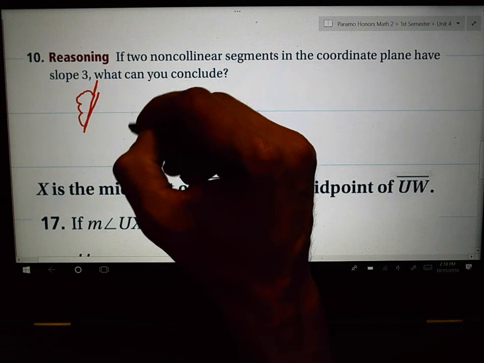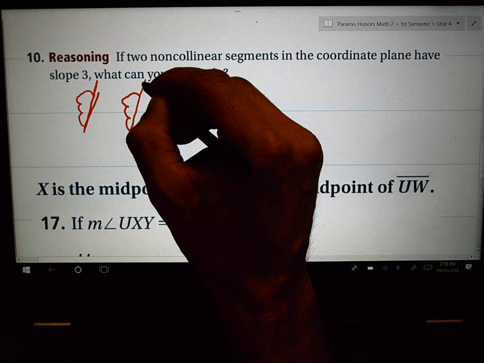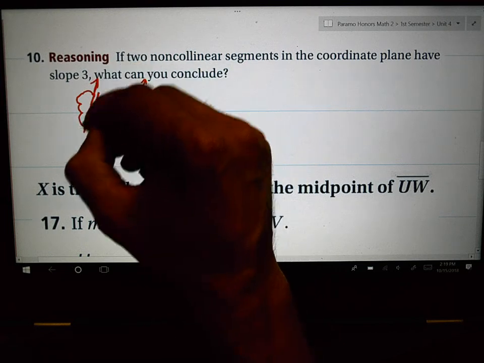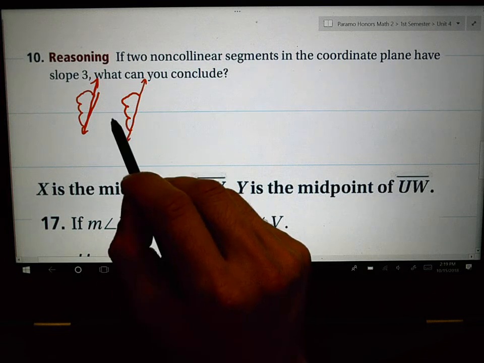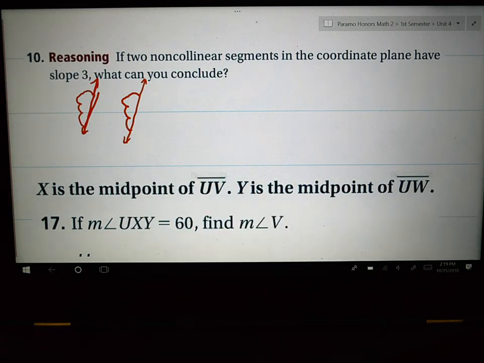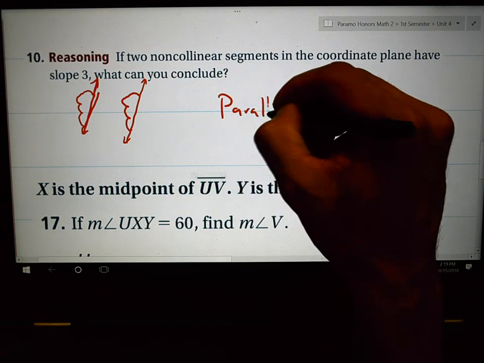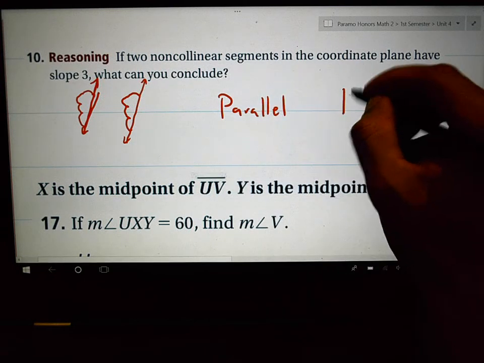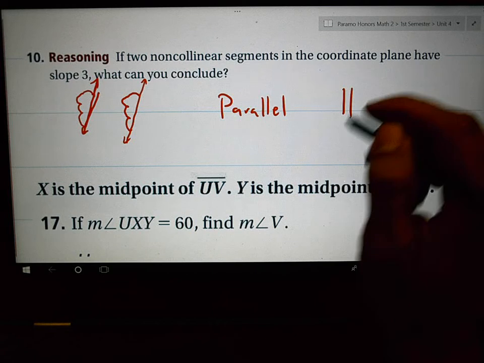And then something over here has a rise of 3 and over 1. What do I know about 2 lines or 2 segments that aren't collinear and they both have a slope of 3? They are what? Say the word out loud. Parallel. Or you can use the symbol. They look like L's, but they're a little bit bigger than that. They're tall. 2 vertical lines.